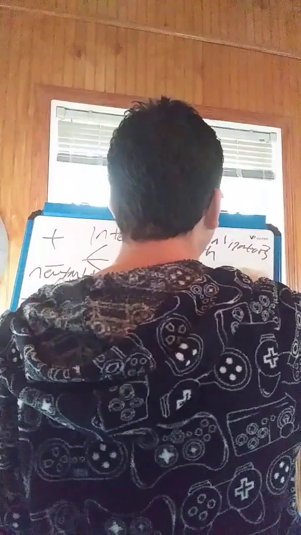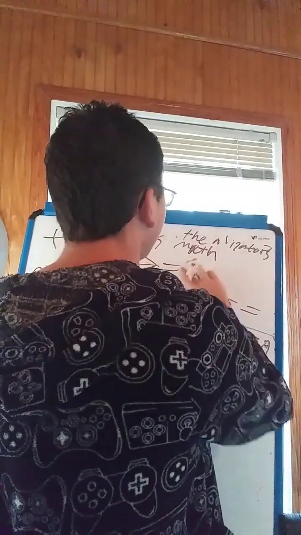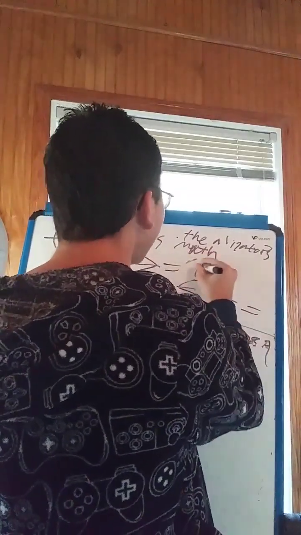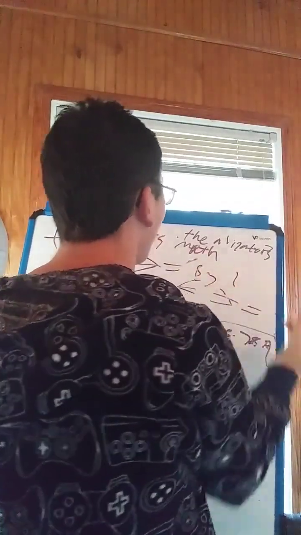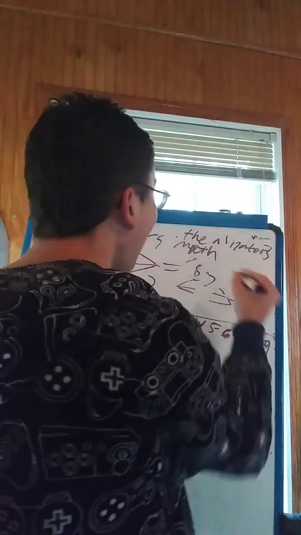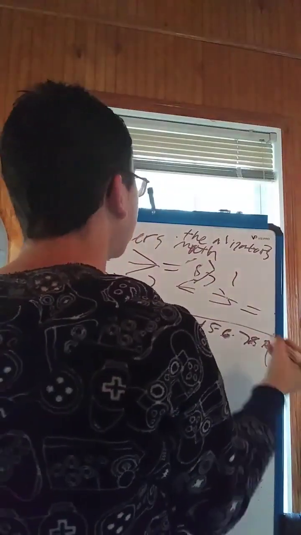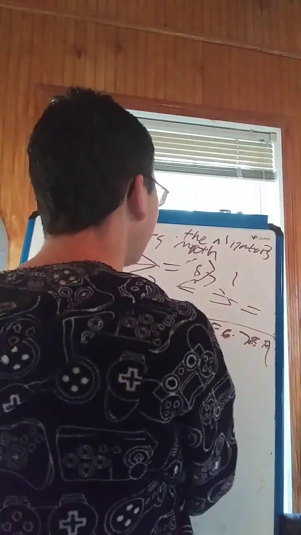So that's 1. Now let's do one more so that you can see what I'm talking about. Let's use another number. 8, and then 1. Which one is greater than the other? Well, 8, so you would draw the mouth to 8, or positive 8, because both of these are positive.